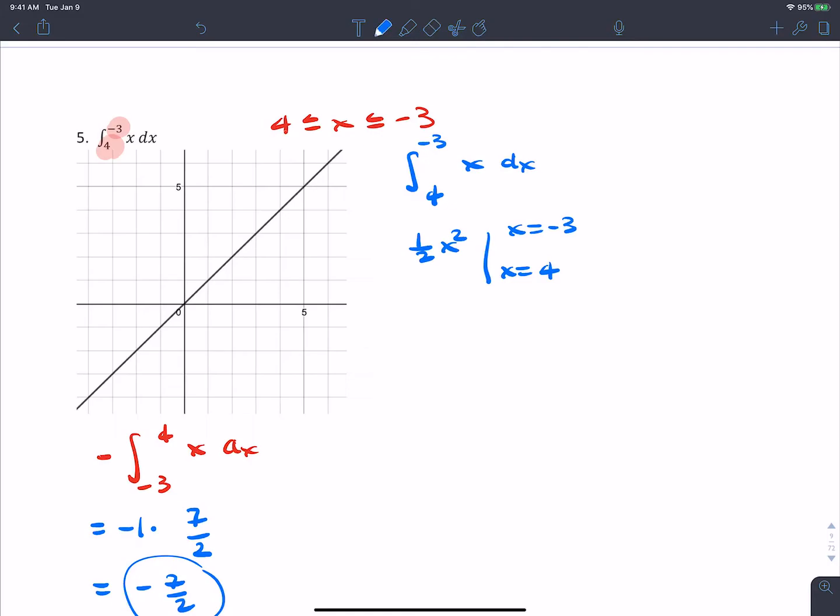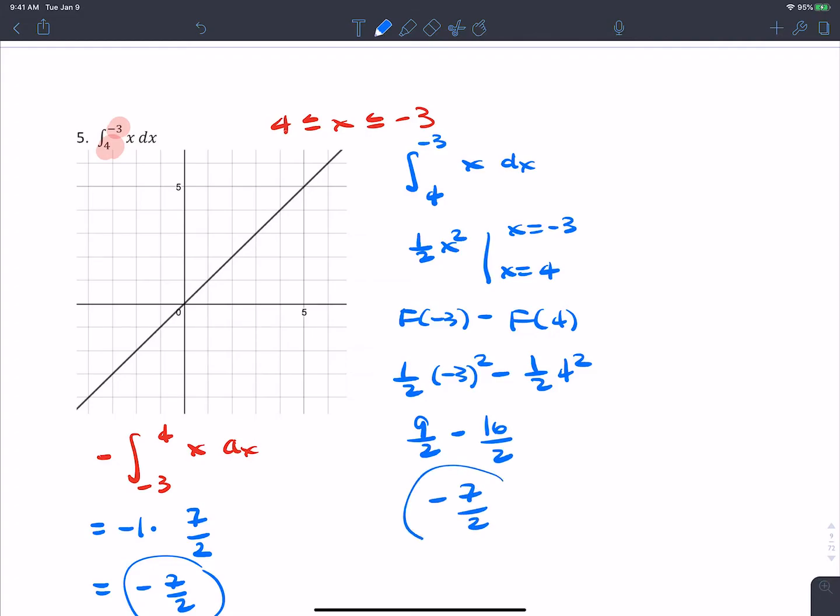And again, we have f of -3 minus f of 4, which is 1/2 (-3) squared minus 1/2 (4) squared, which gives you 9/2 minus 16/2, and then sure enough, this is negative what? 7/2.